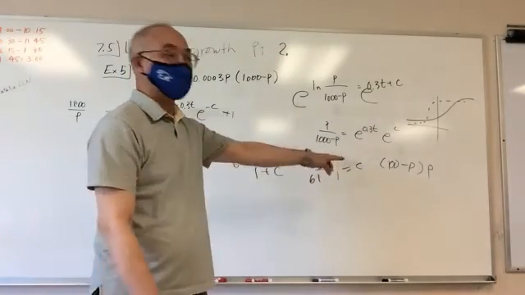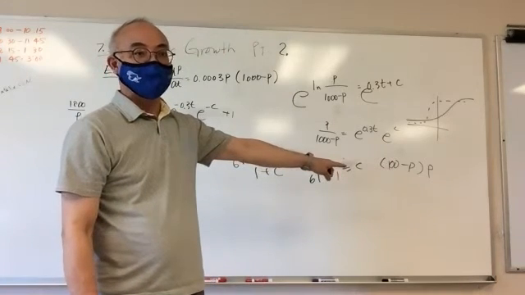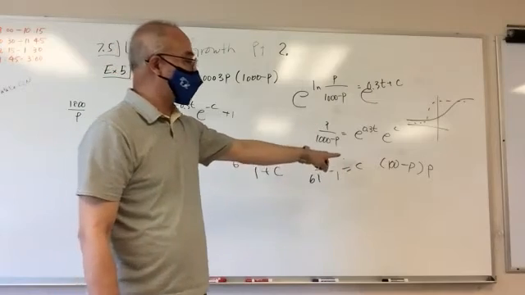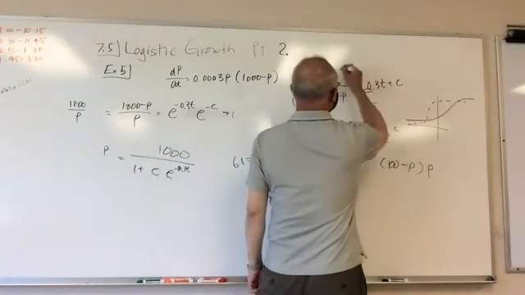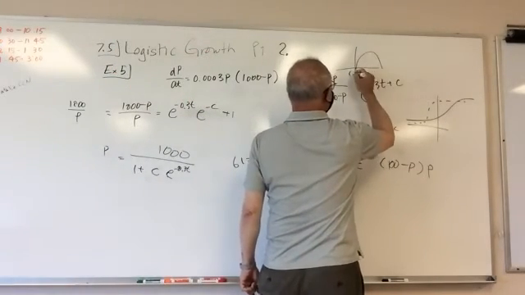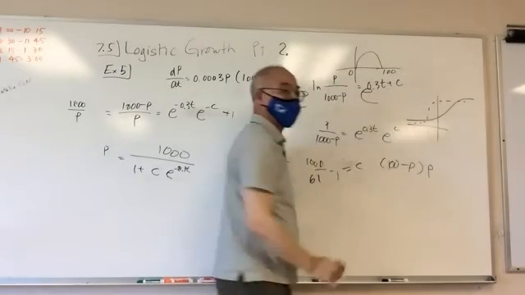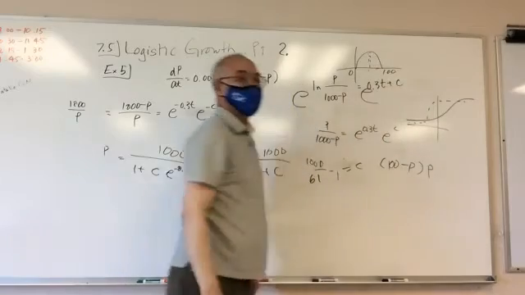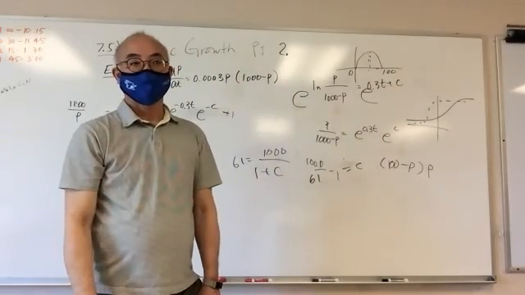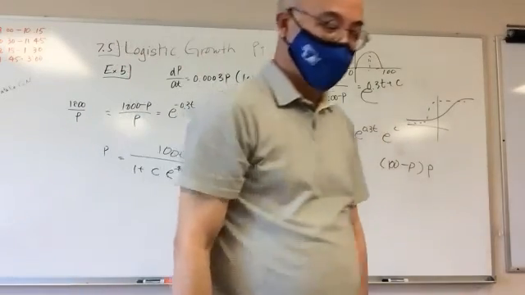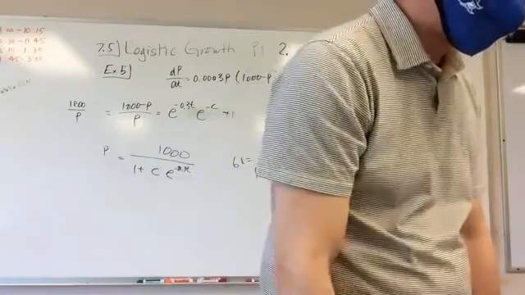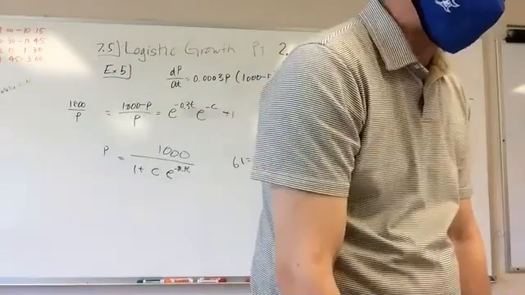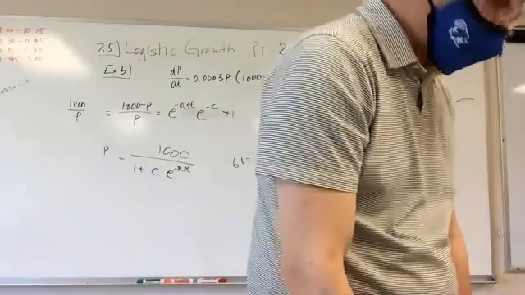That sets the growth rate, because it's dP/dt, correct? When is that going to be the highest? Well, this equation is a parabola with zeros at 0 and 100, so it obviously is going to be right in the middle. P is 50. So when it's half the carrying capacity, 50 bears.